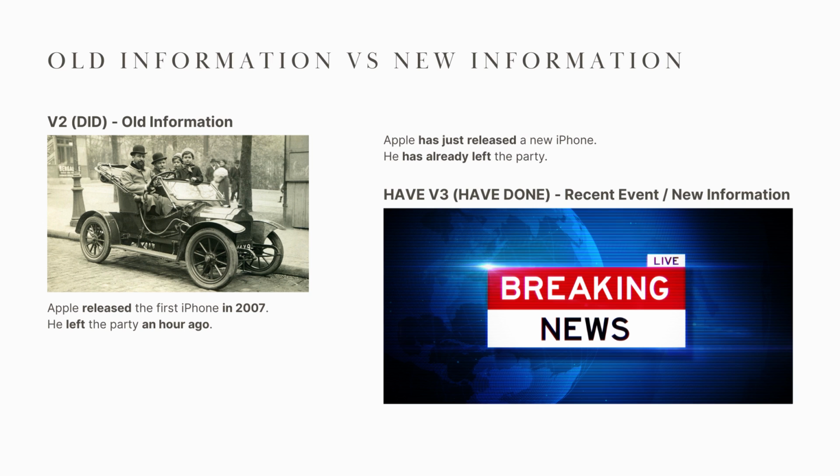And then we use the present perfect to describe a completed action, but something that was completed recently. It just happened quite recently. So we use this for new information.